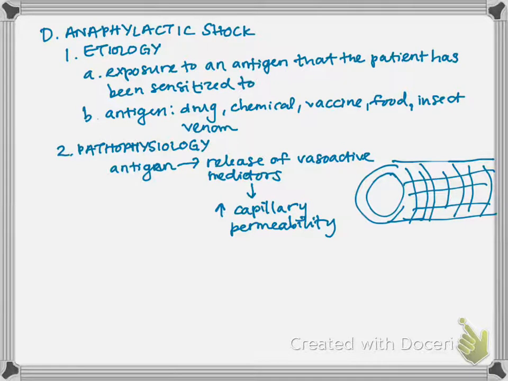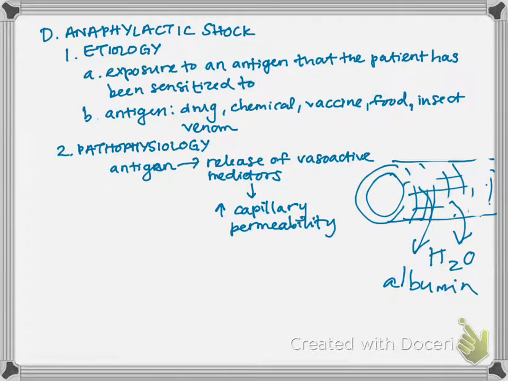But when we have these vasoactive mediators released, like prostaglandins, serotonin, leukotrienes, it makes it more permeable, meaning that water leaves, but what else leaves? Albumin. So albumin's going to leave too, as we have an increase in capillary permeability.